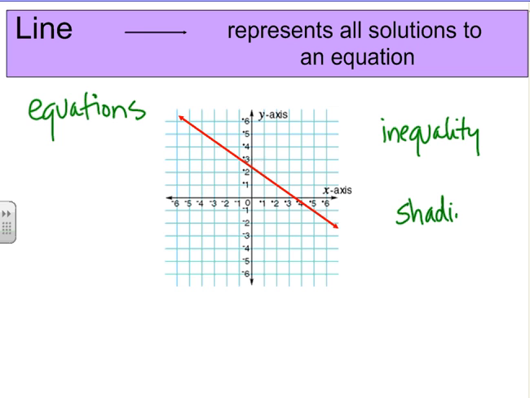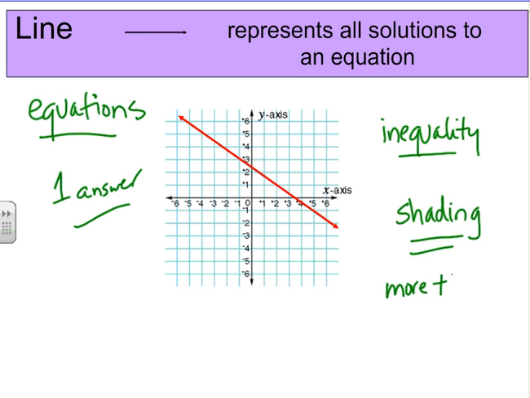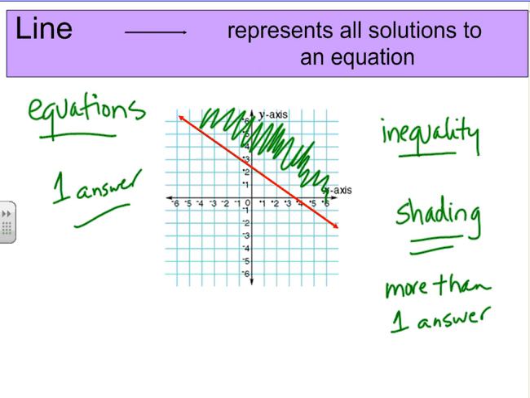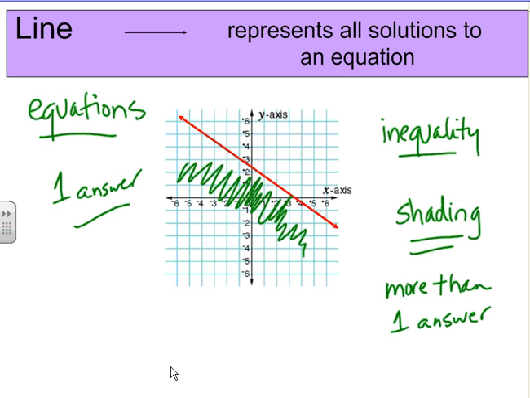Shading will help us to show that there is more than one answer for it to be true. In equations, we know that only one answer will make it true. In inequalities, we have more than one, so we need shading. Depending on whether it is less than or greater than, that will decide which side of the line we shade, whether above the line or below the line.